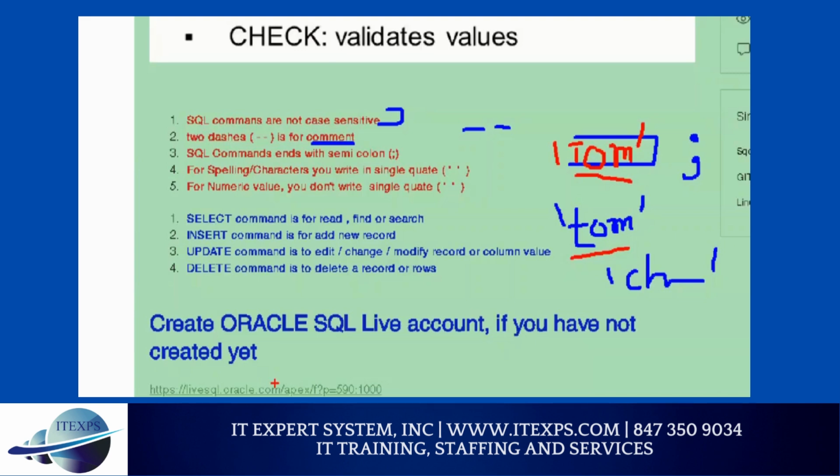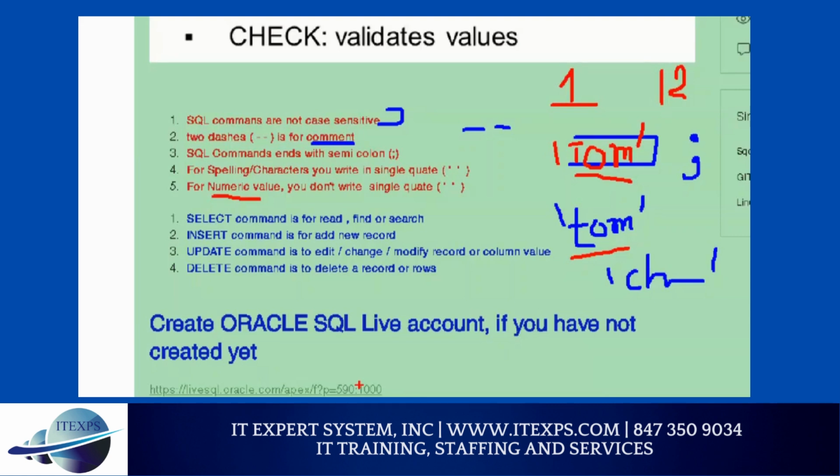So far, so good. And the last but not least, if it's numeric, for example ID 1, or my salary is, let's say, $12, in that case I will not use single quotation. So for a numeric value, I will not use single quotation. Make sense? So for date, for spelling, for characters, I'll always use single quotations.